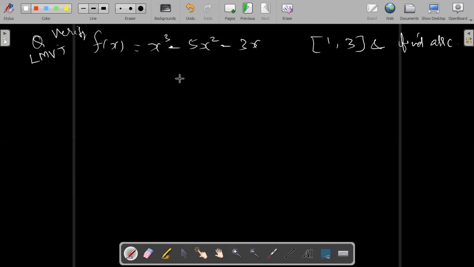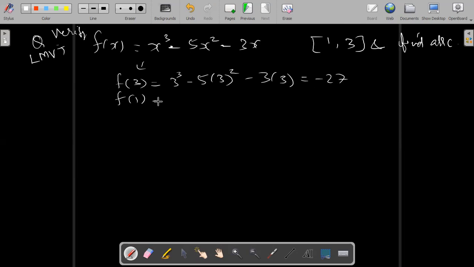So the first condition: it is continuous because it is a polynomial, as you saw in the previous question, and it is differentiable because it is a polynomial. According to the mean value theorem, we have to find f(b) minus f(a). f(3) is 3 cube minus 5 into 3 square minus 3 into 3, which gives minus 27.